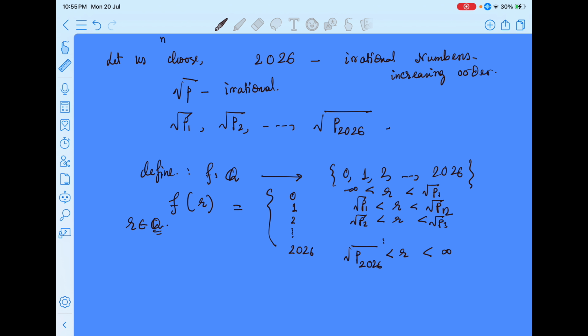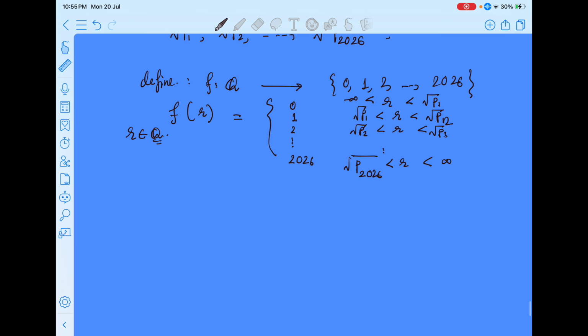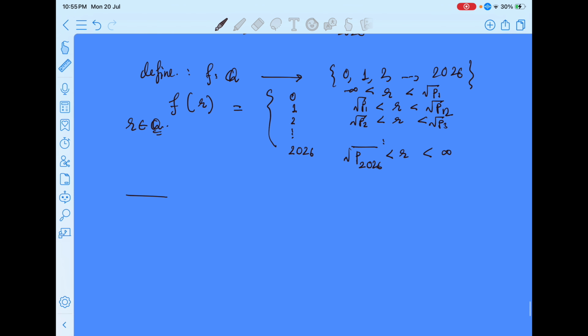And these functions are continuous, right? The idea is that you select some irrational numbers and divide, and the function is constant on each region. So let's say this is root over p1, this is root over p2, root over p2025, and this is root over p2026.